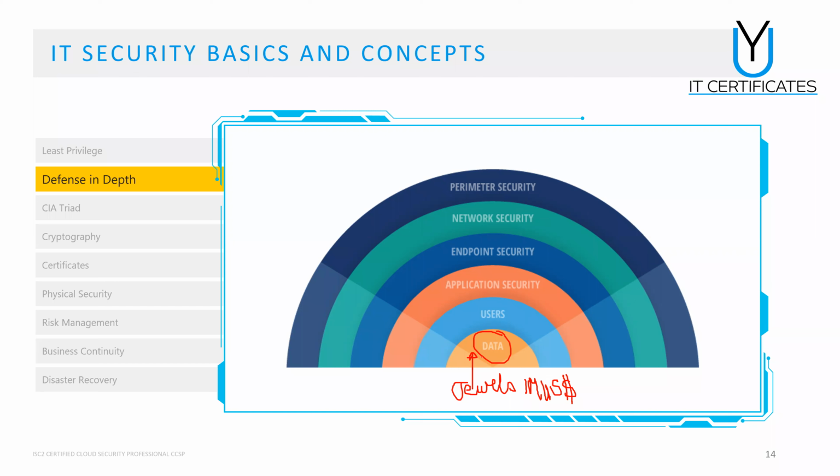Even if he was able to kill all the guards and reach this floor, he will find it protected again with guards, CCTV and dogs. If he is able to penetrate it, then he will find the closed room. If he was able to penetrate the closed room, he will find the safe and so on.